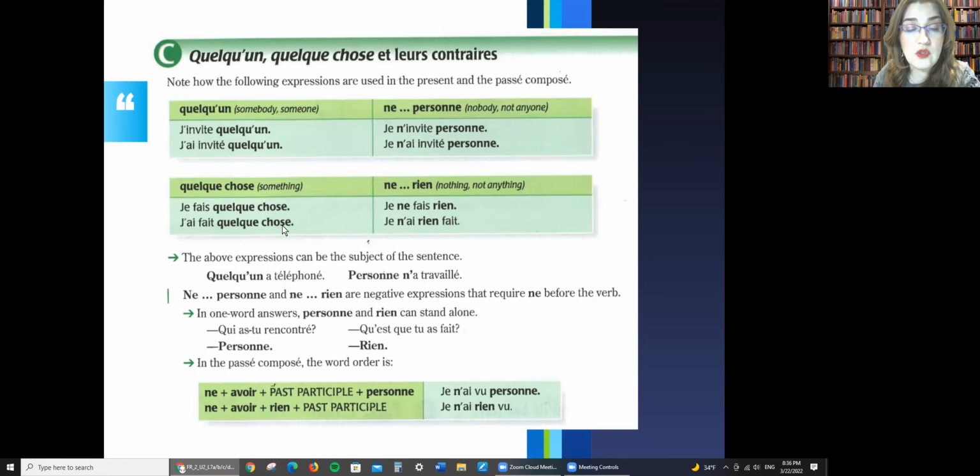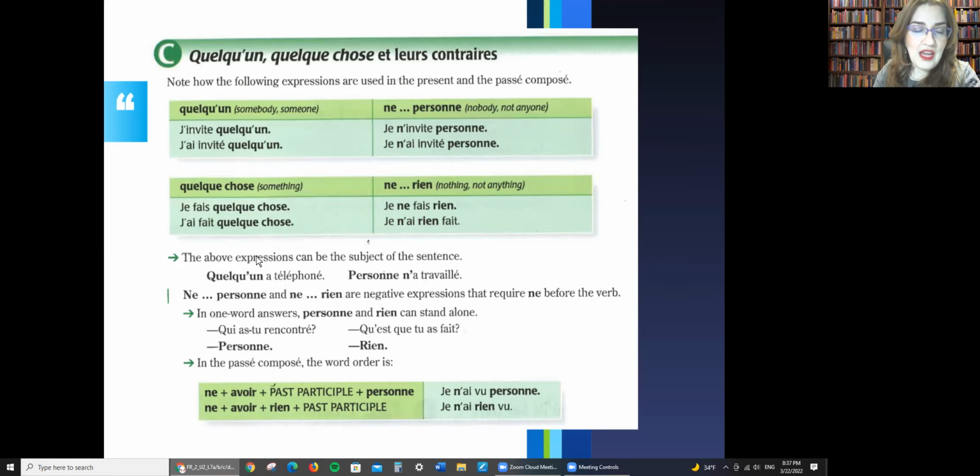J'ai fait quelque chose. I did something, right? So where do we place ne rien? For rien, we place it like ne pas around the helper verb, like this. Je n'ai rien fait, around the first element of the passé composé, but ne personne is placed around both the helper verb and the past participle. You got that?